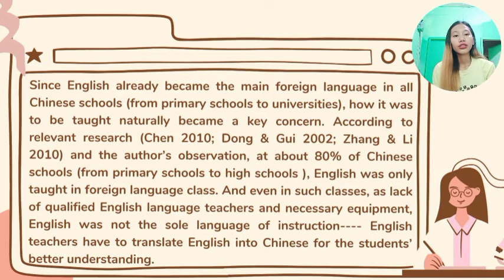According to some relevant research, Chen and Wu 2010, Dong and Wang 2002, Zhang and Li 2010, and other observations, in about 80% of Chinese schools, from primary schools to high schools, English was only taught in a foreign language class, and even in such classes there was a lack of qualified English language teachers and necessary equipment.